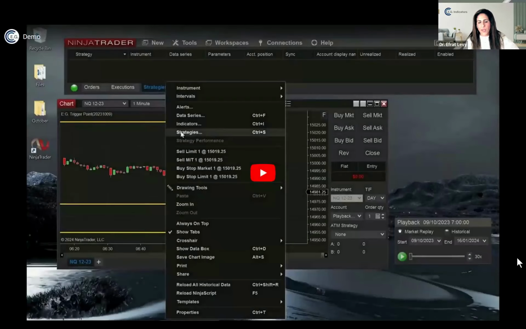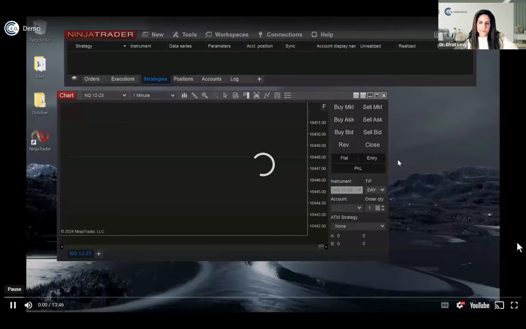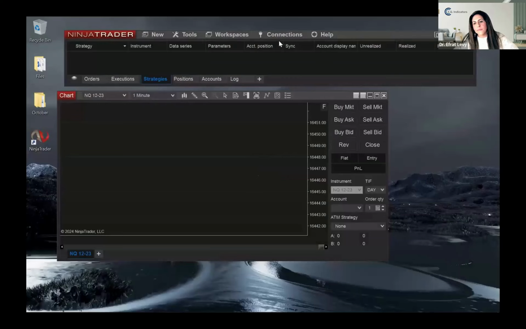Now, I want to show you how I utilize the price action bot to explore my strategies. So this is my computer, and this is my NinjaTrader 8 platform.